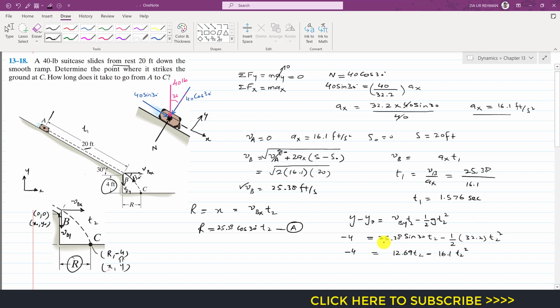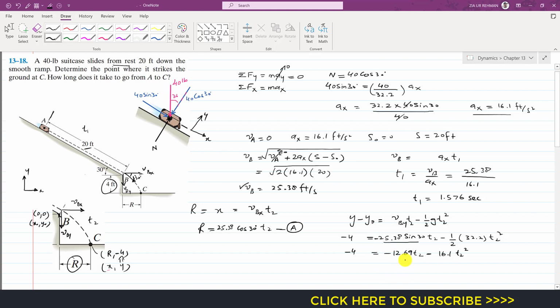Now when we simplify this, 25.38 sine of 30 is 12.69, and from this we get 16.1 T2 squared. But one thing I need to tell you is that this is our positive y direction, so in the downward direction VBY will be negative, and this is also negative.